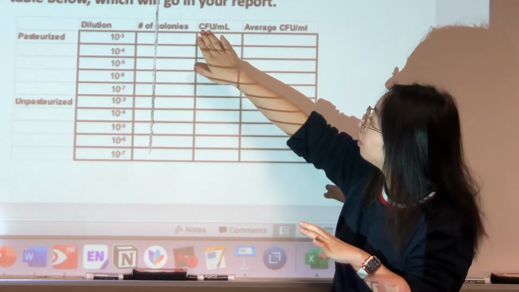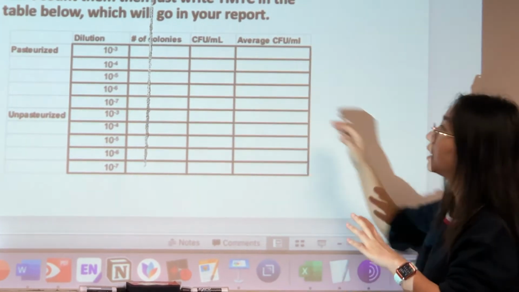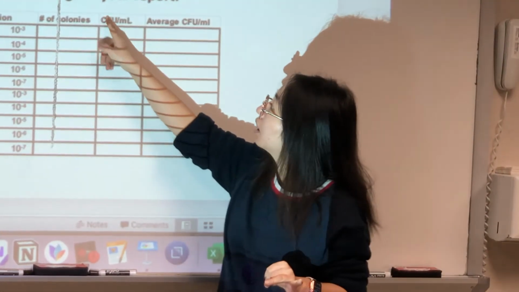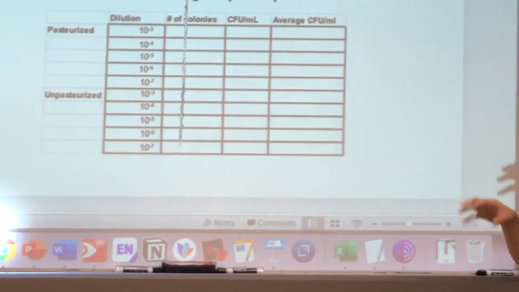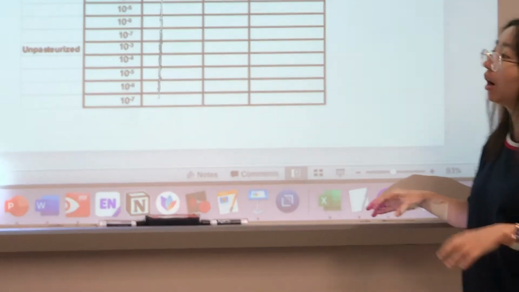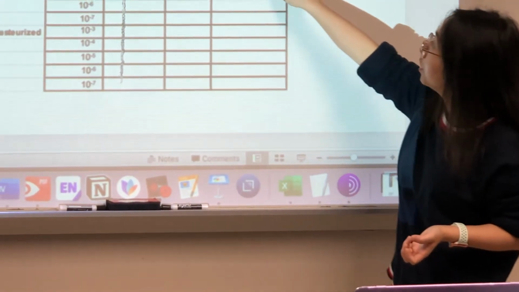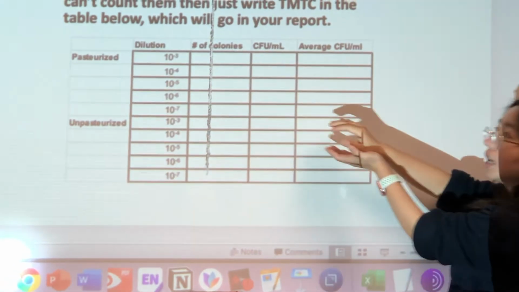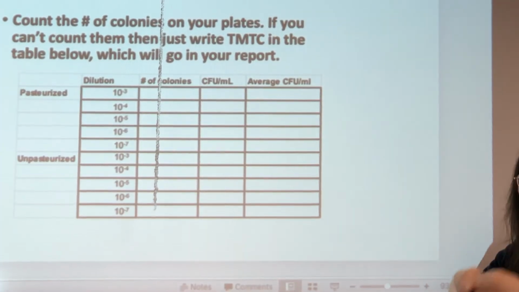I believe you know CFU per ml indicates the colony forming unit, and we are going to know the concentration of our pasteurized raw milk sample and unpasteurized raw milk sample. By calculating the average CFU, we add all the concentrations together and divide by how many samples you used.